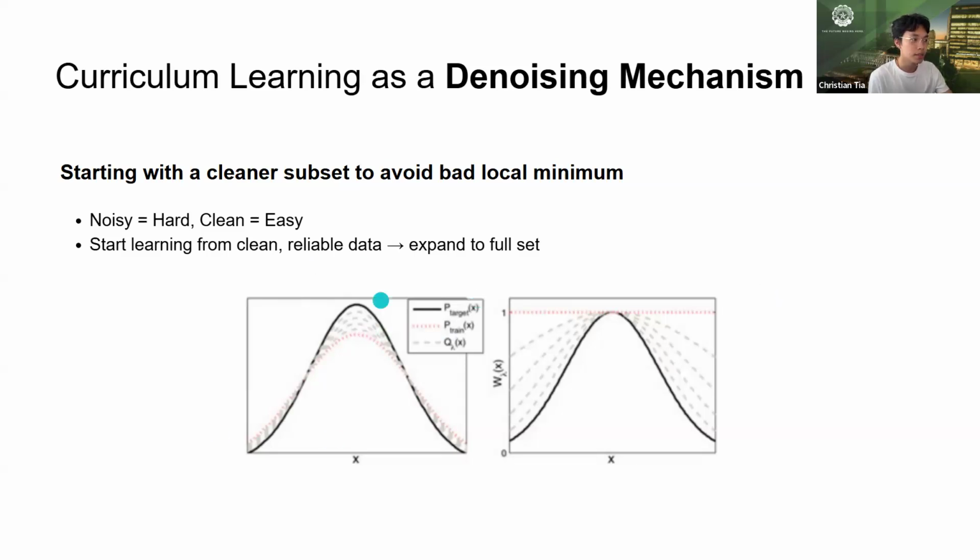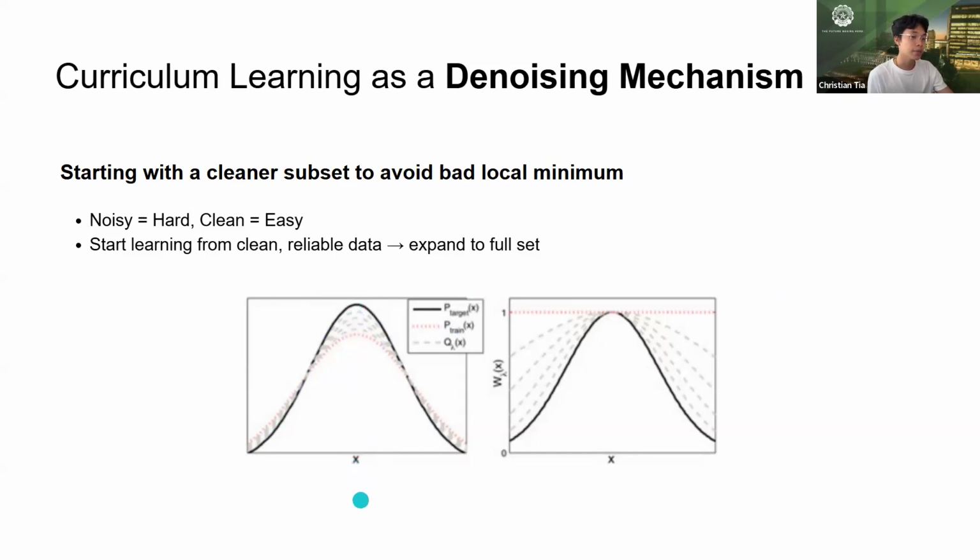This left plot demonstrates the data distribution shift. This black line would be the target distribution. You can see that this represents the confidence of each example, and there are lots of high confidence examples in the target distribution.